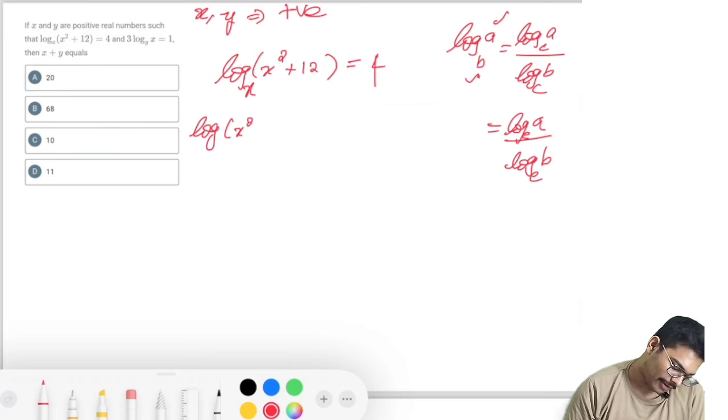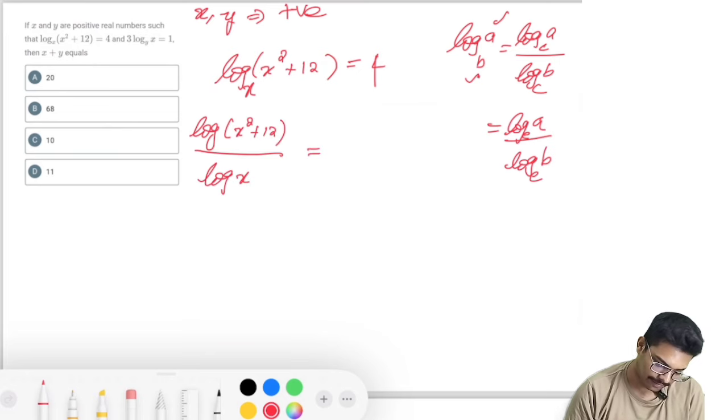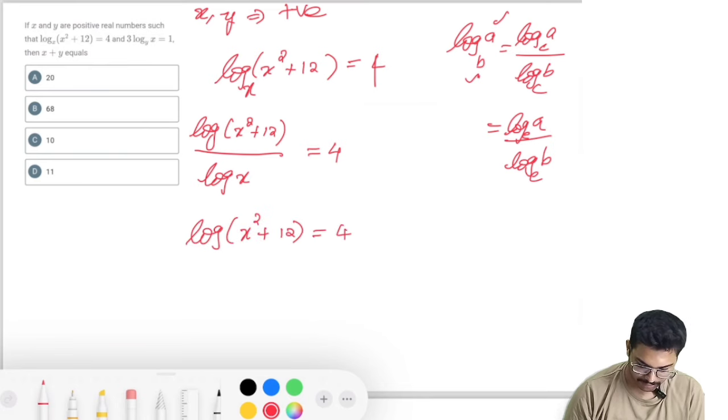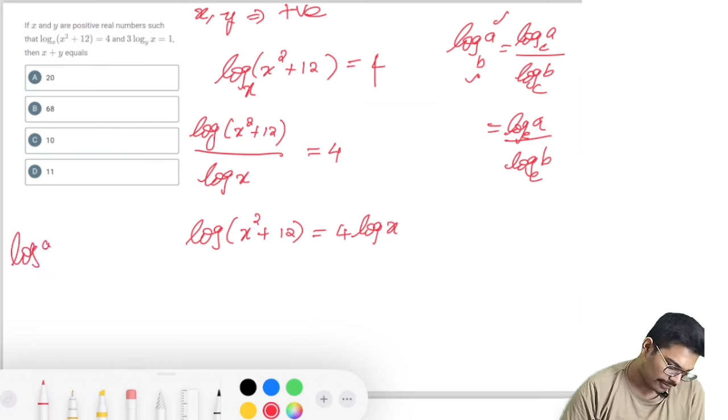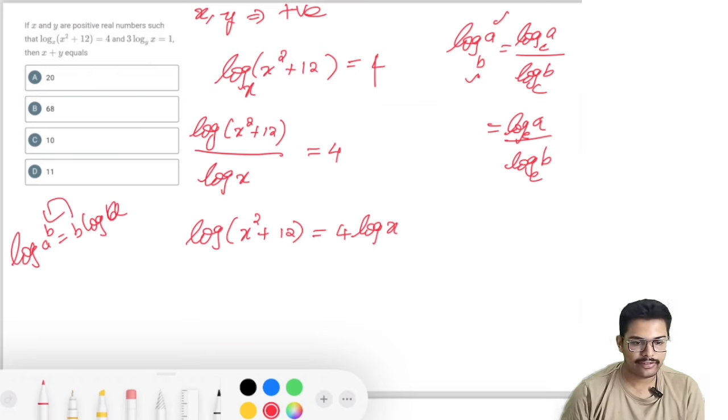Log of x square plus 12 divided by log x equal to 4. If you cross multiply, log of x square plus 12 equal to 4 log x, and you can write log a raised to b equal to b log a, which means whatever the value outside the log you can raise into the power.